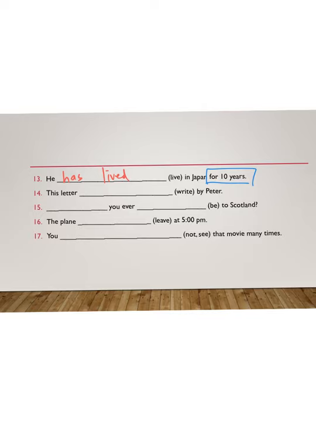But the most important point is that you can see by here. Plus, the letter cannot write itself, and that's why you must be using passive voice here. So the answer can either be this letter is written by Peter, or this letter has been written by Peter.